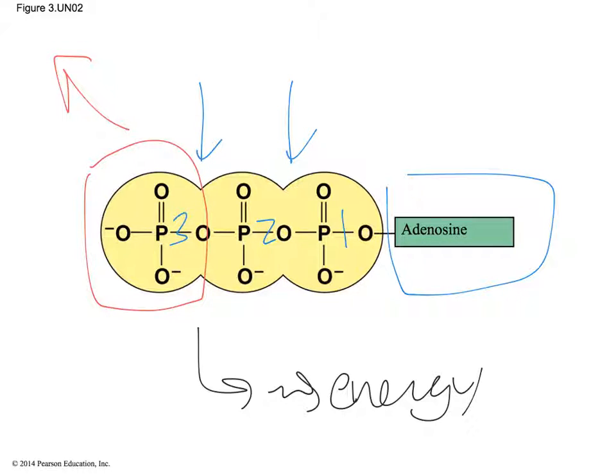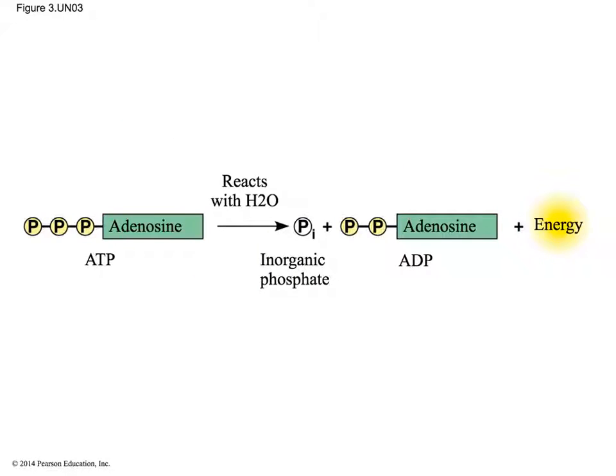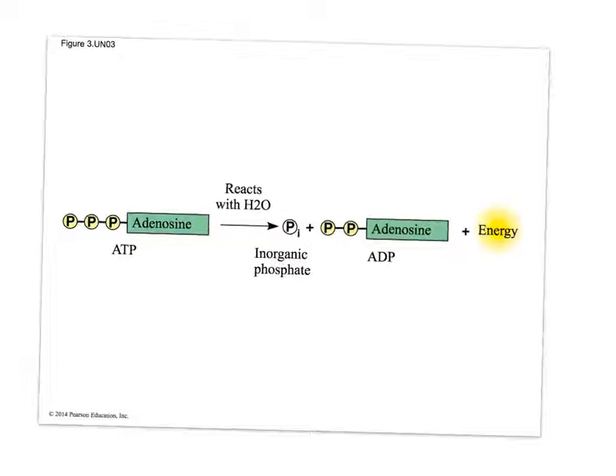ATP is not necessarily a very stable molecule, so it gets utilized, broken down by enzymes in your body to release energy. This is the equation. Your triphosphate reacts with water and leads to an ADP, adenosine diphosphate, plus energy.